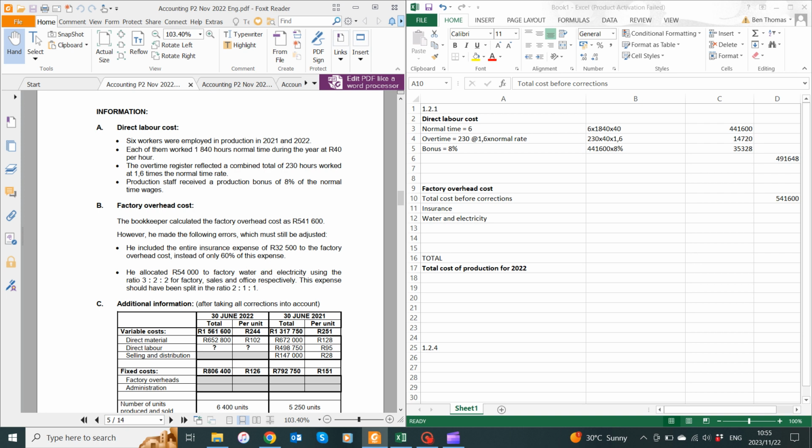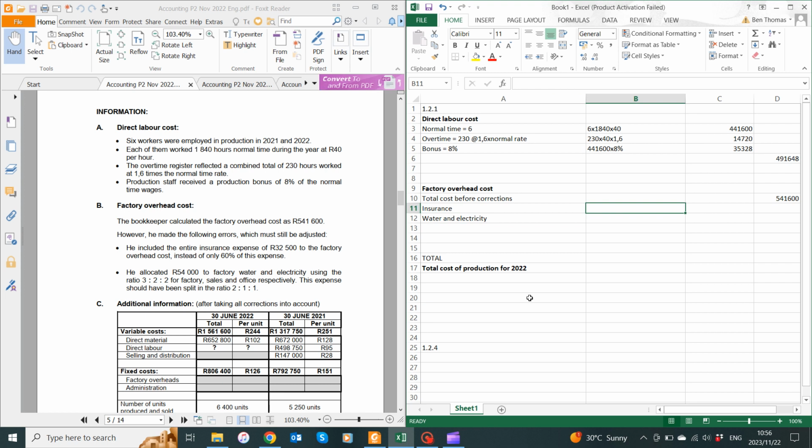And he allocated 54,000 Rand for factory water and electricity using the ratio 3:2:2 for factory, sales, and office respectively. This expense should have been split in the ratio 2:1:1. So it's these two adjustments, and in the answer sheet they've only mentioned these two items, which are the insurance and the water and electricity.